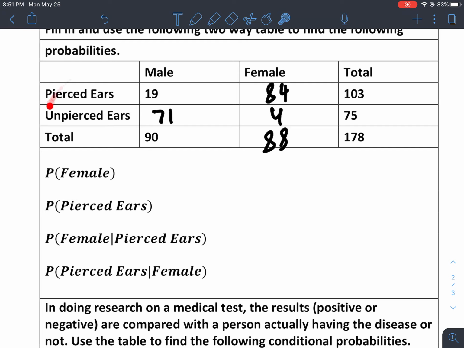All right. So then I investigate my probabilities. The probability that someone in this survey is female is going to be how many of them are female. Well, 88 of them are female. So those are the female outcomes divided by, and this isn't a given, so this is the total sample space, 178.